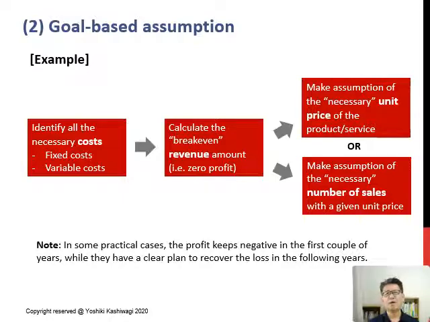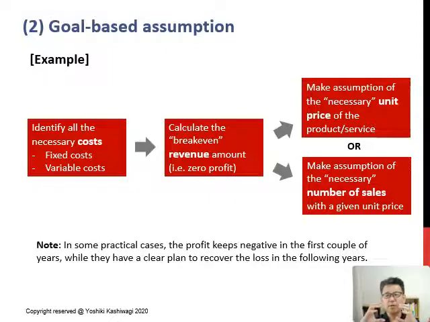And I encourage you to use a spreadsheet, Excel spreadsheet, to calculate the numbers. So input the cost numbers first and assume zero profit, and you can easily calculate the minimum sales number, which is revenue.